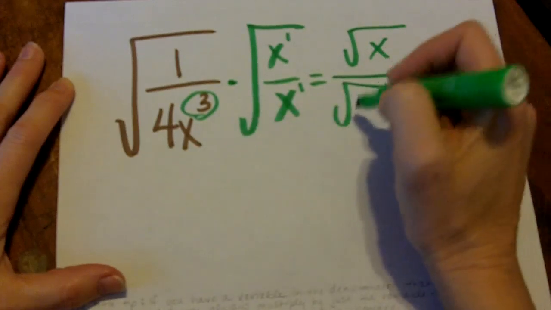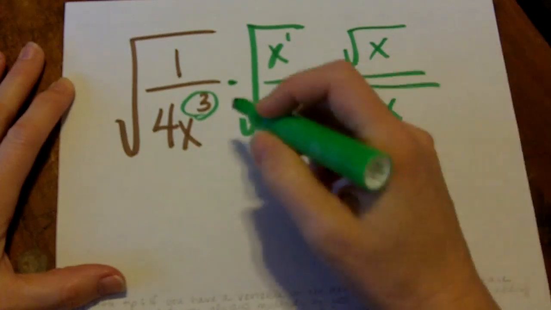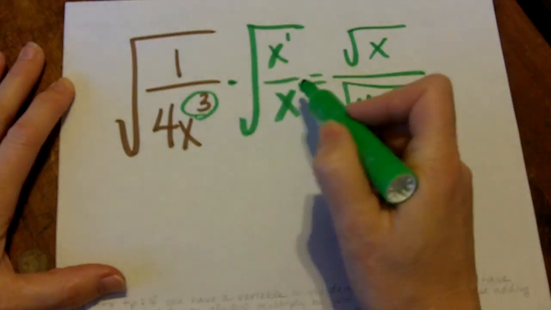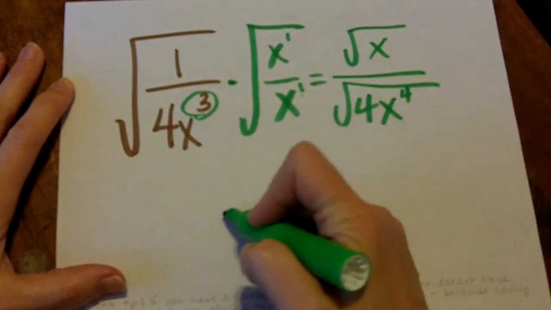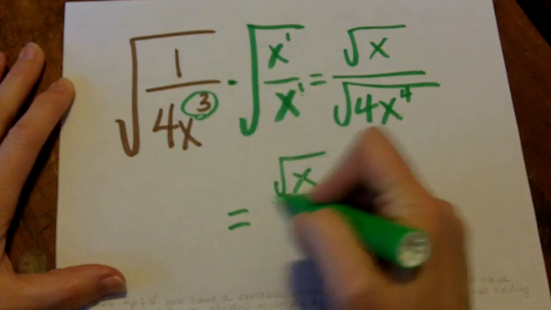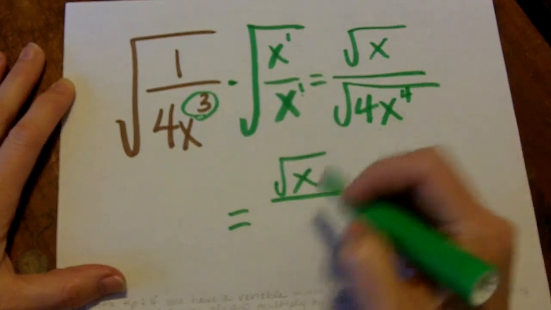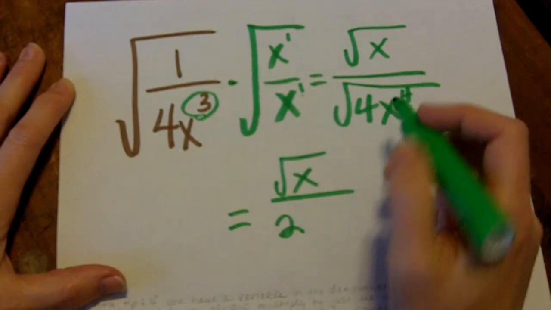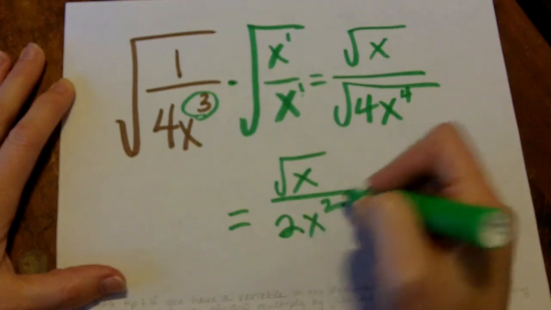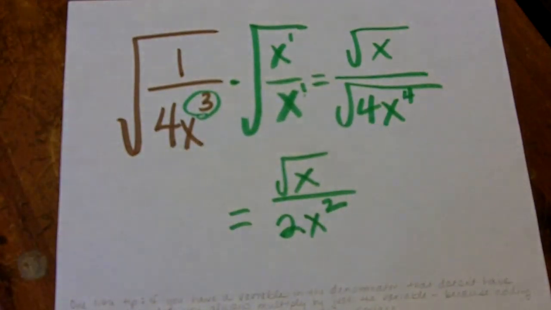Here you would have the square root of 4x to the 4th, because we simply add the exponents, and we end up with that square root of x on top. The square root of 4 is 2. The square root of x to the 4th is x squared, because we just divide that 4 by 2 in order to pull it out from the radical.